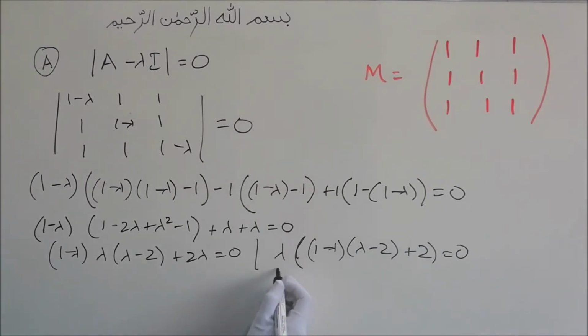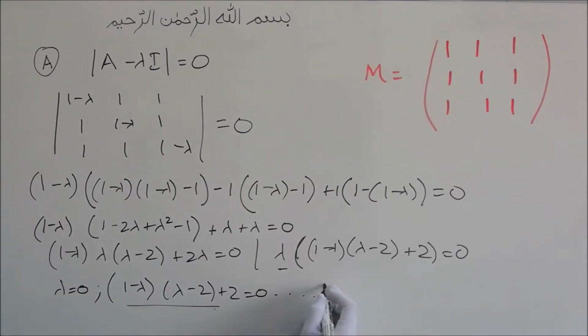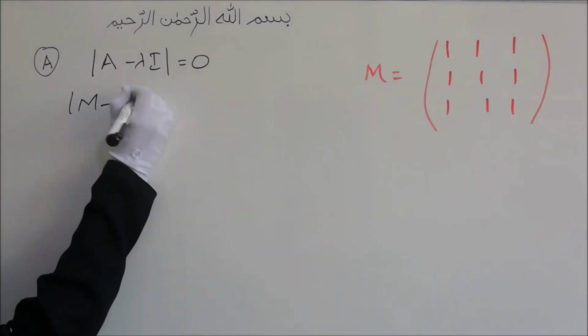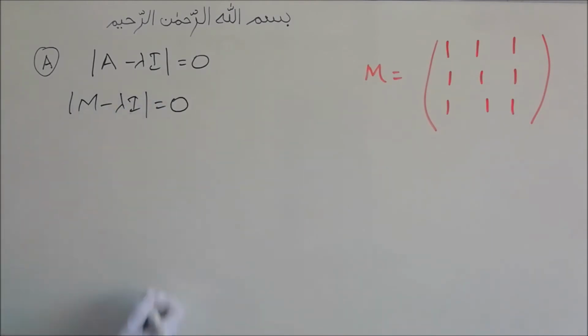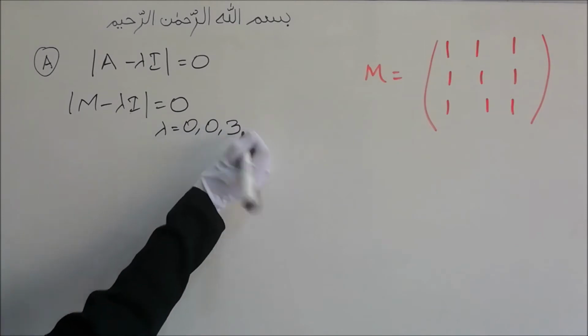Solving this, we'll get lambda equals 0 and lambda is equal to 3. So solving this characteristic equation, determinant of M minus lambda I equals 0, we get 3 values: lambda is equal to 0, 0 and 3.